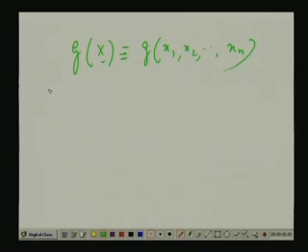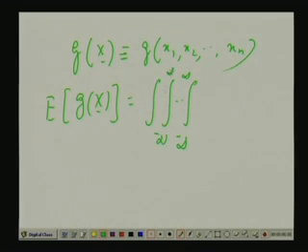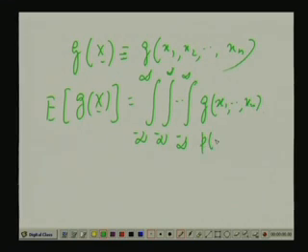Now, by extending our previous argument, we can then say that expected value of g x is nothing but the integral of g x times the corresponding probability density function dx 1 dot dot dot up to dx n.